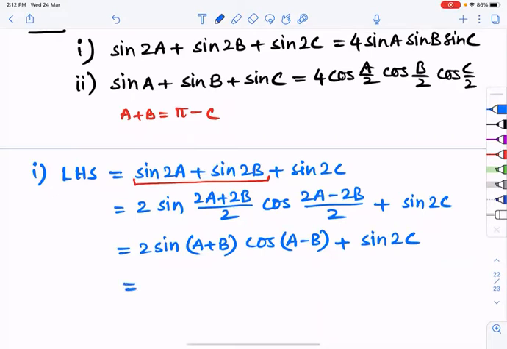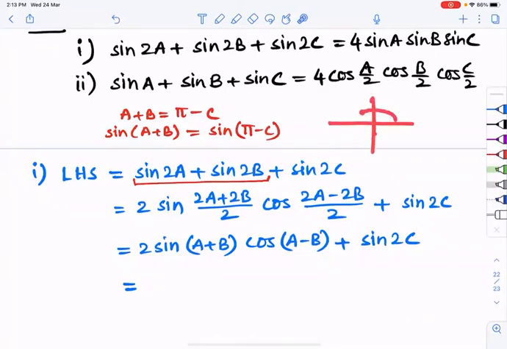If a plus b equal to pi minus c, then if I apply sine on both sides, sine of a plus b equal to sine of pi minus c. What is that? Pi means up to this 180 degree, and then minus c, that means this way. So this quadrant, second quadrant, sine is positive. So it will just be equal to sine c.